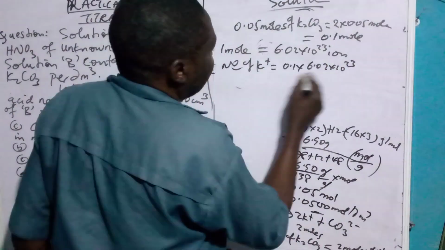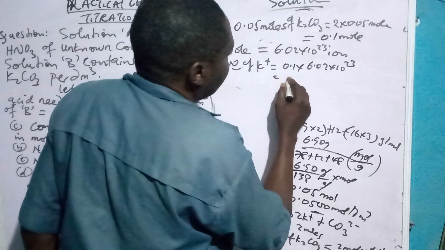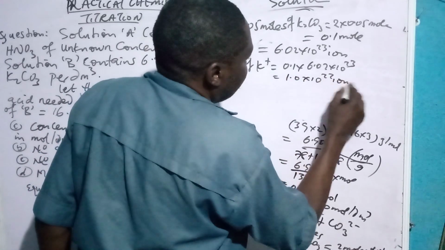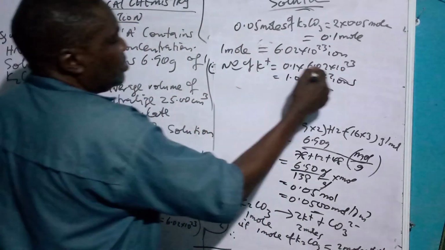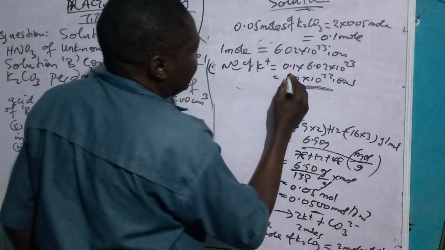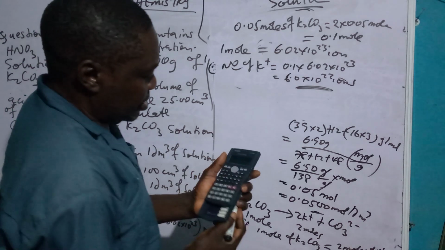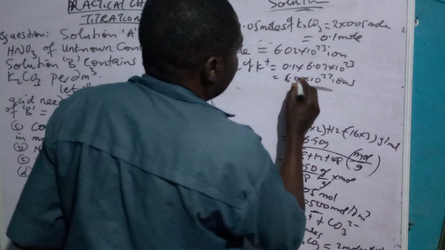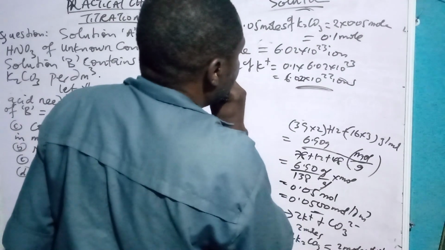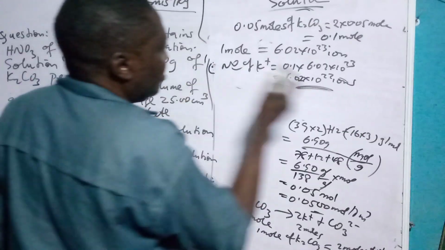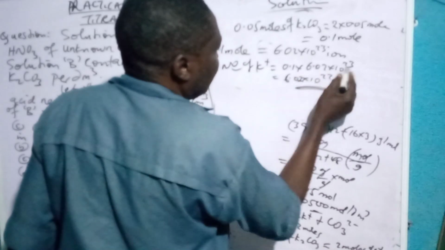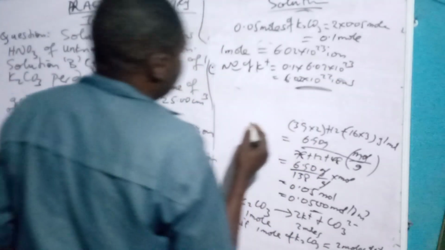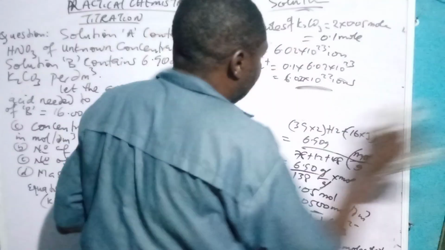So if you carry this out, it will now be 6.02 times 10 to the power 22 ions. Remember, it's supposed to be 0.602, but because we have shifted it 1 space, the power does not reduce. So that is that for the second question.